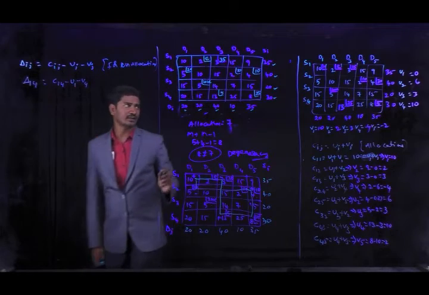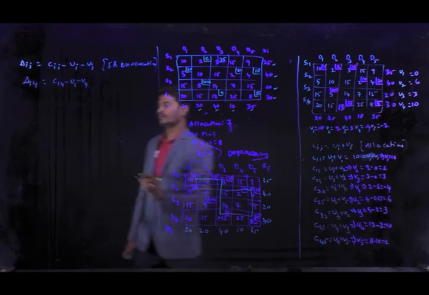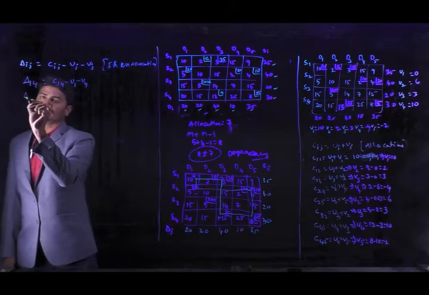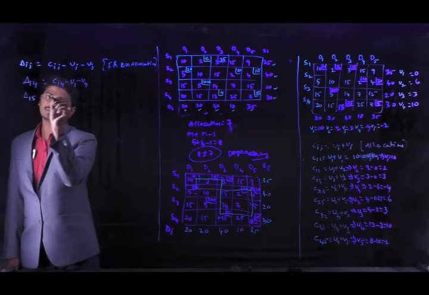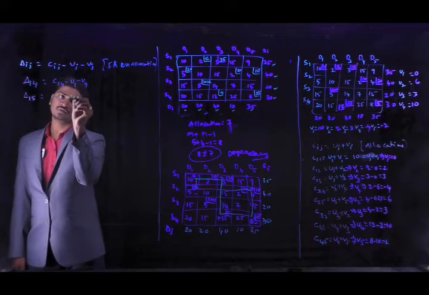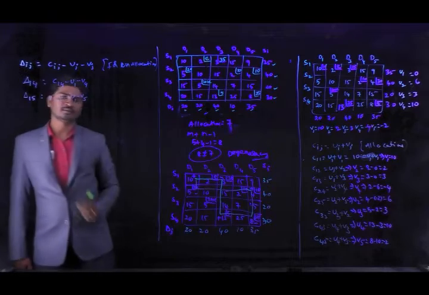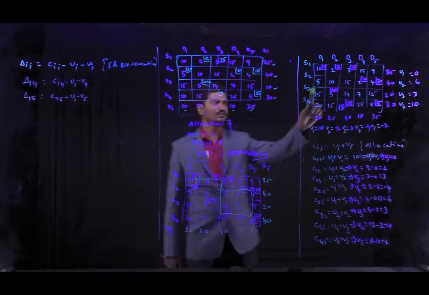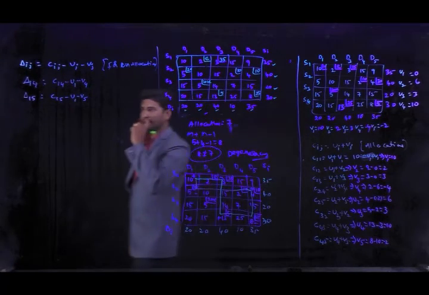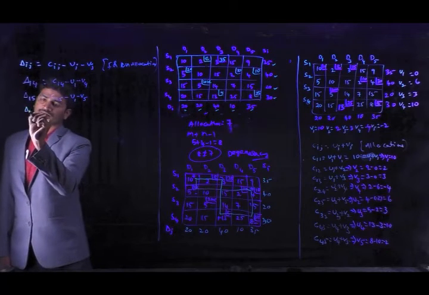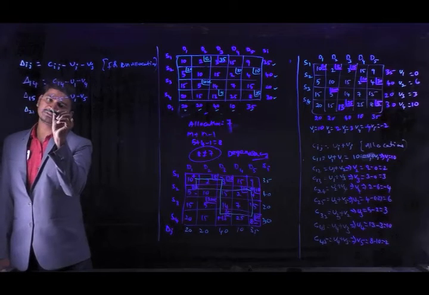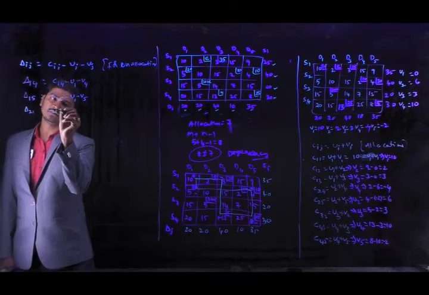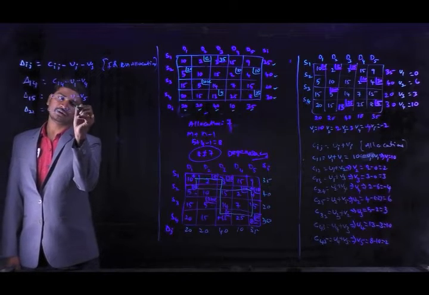Next, the second unallocation is S1 D5. It means C15 minus U1 minus V5. Next, another unallocation at S2 D1, that is C21 minus U2 minus V1.